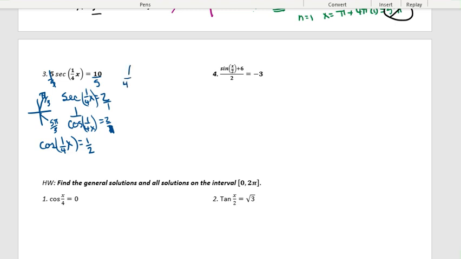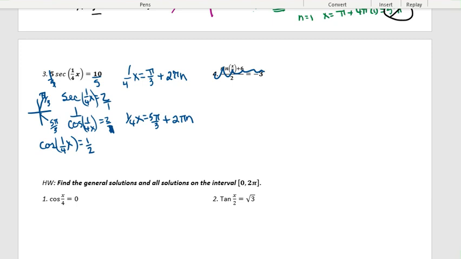So 1/4 x, and notice they're not pi distance apart. 1/4 x equals pi over 3 plus 2 pi n, and 1/4 x equals 5 pi over 3 plus 2 pi n.